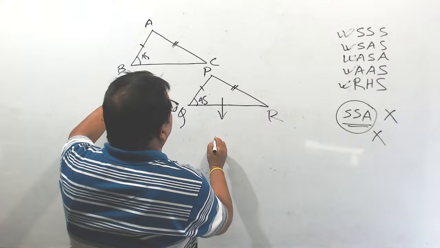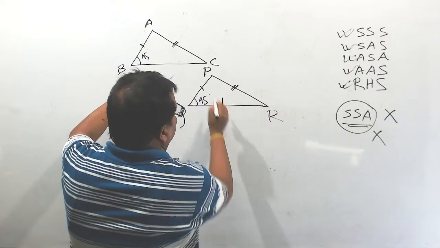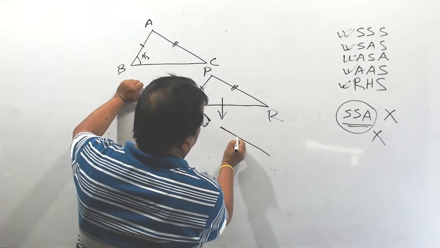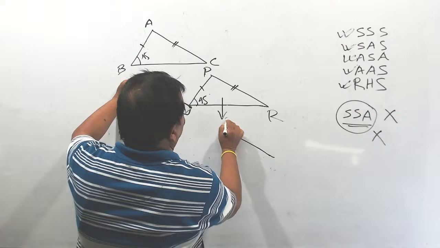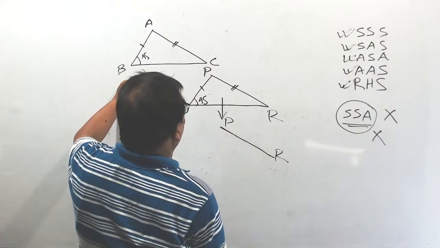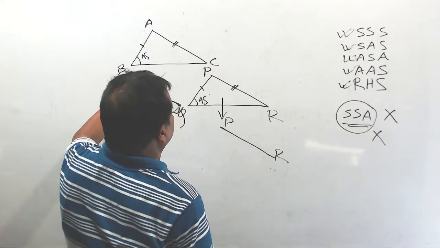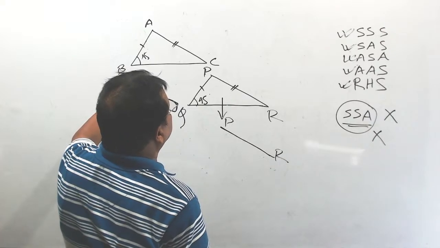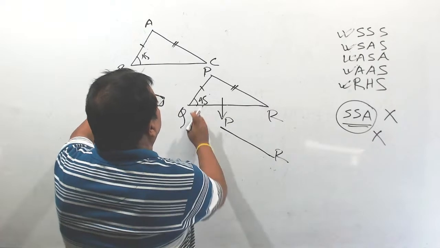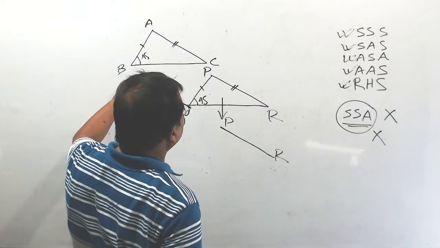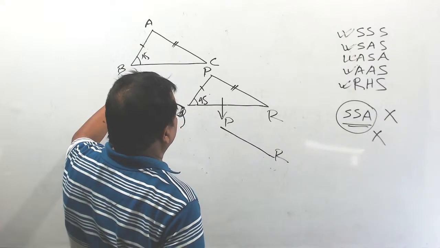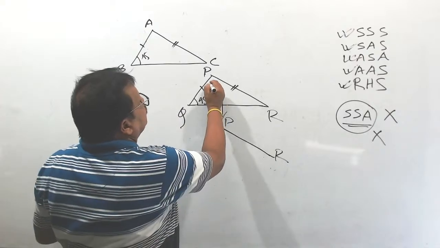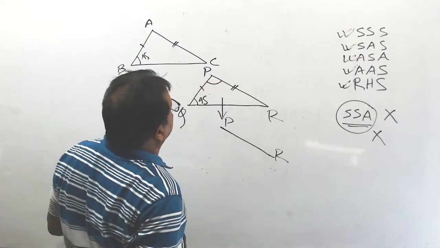Keep the PR same. Say exactly PR. Now the angle 45 here, it will be more than 90.